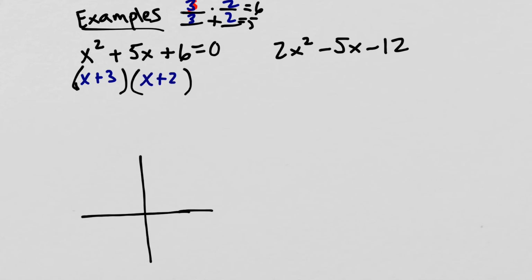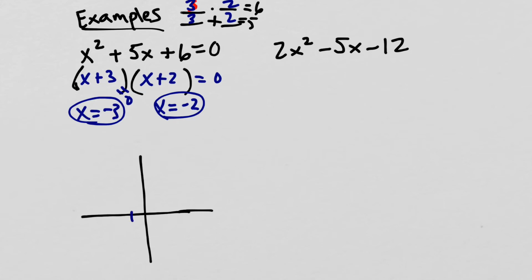We use the zero product property. When we set the first, x plus 3, equal to 0, we have a solution of x is negative 3. When you set x plus 2 equal to 0, we subtract 2 and we get x equals negative 2. Again, if we are looking at the graph, we would have a negative 2 x-intercept and a negative 3 x-intercept.